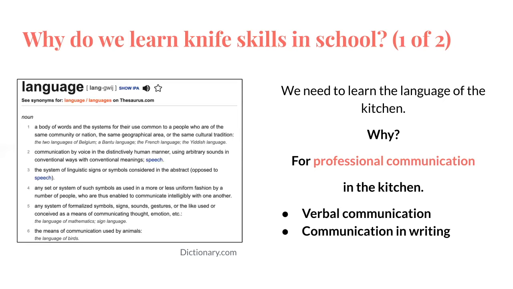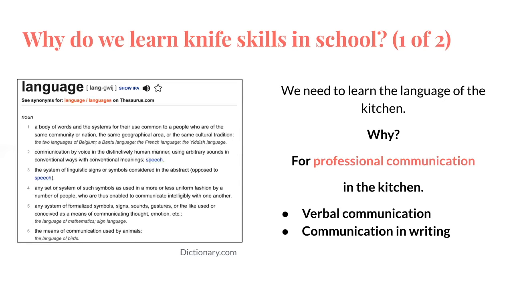For example, we know that saying make a julienne is more efficient than saying make a stick 2-inch long by 1/8 inch area, right? And that professional communication also helps with the recipe writing and understanding.